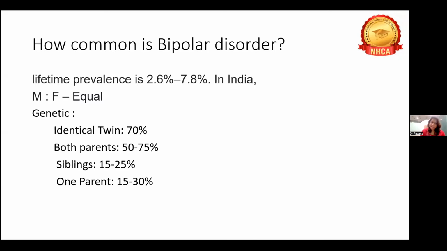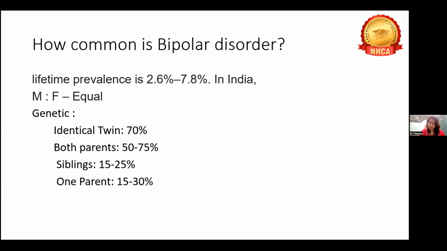Again, regarding whether males or females are more prone, you have heard that depression is more common in females. That we are talking about is unipolar depression.